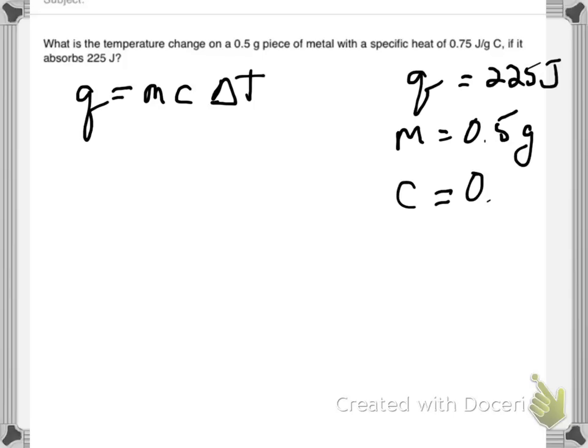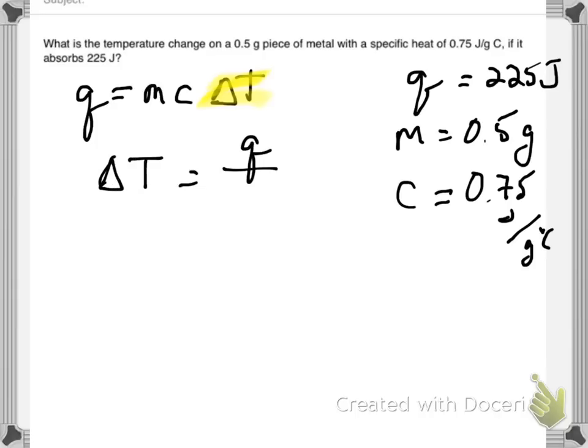It is 0.75, and that label is joules per gram degree Celsius. So now we're going to be solving, in this case, for delta T. So algebraically, we're going to have delta T is equal to Q divided by mc.